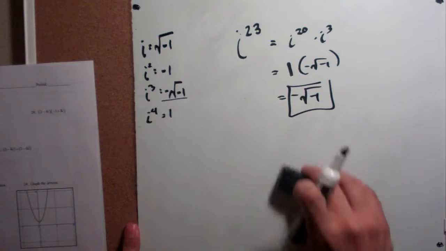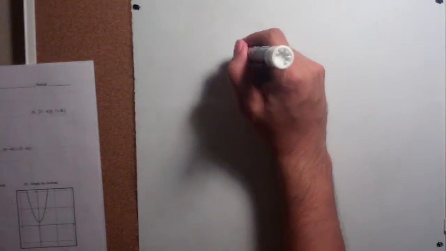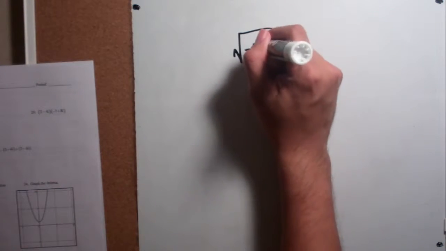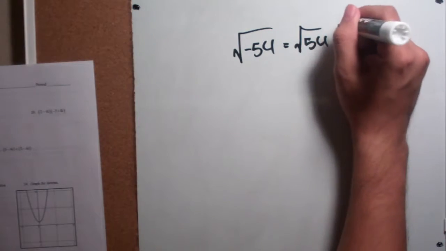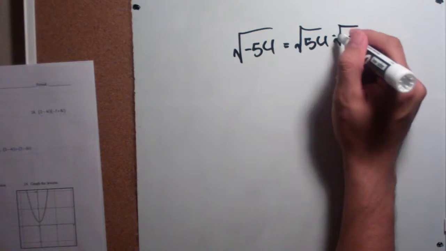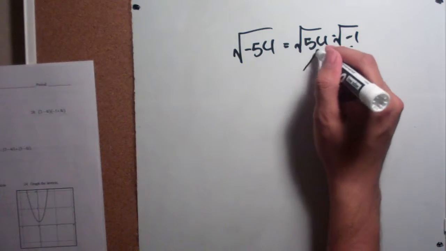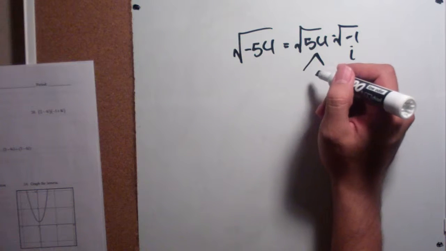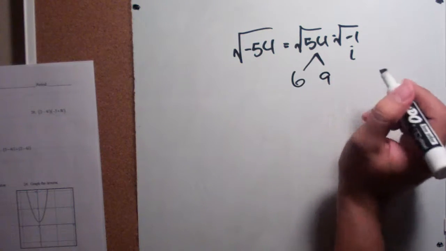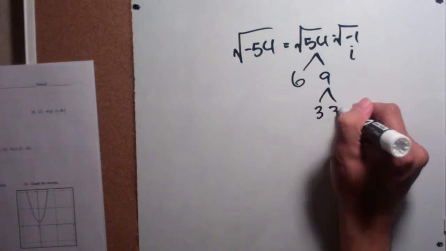All right, next one, number 19. We're going to rewrite this. Radical -54 can be written as radical 54 times radical -1. We know what that radical -1 should be. It should be i. But we're going to use a factor tree to simplify radical 54. With this, 6 and 9 can go into it. 9 can be broken up into 3 and 3.